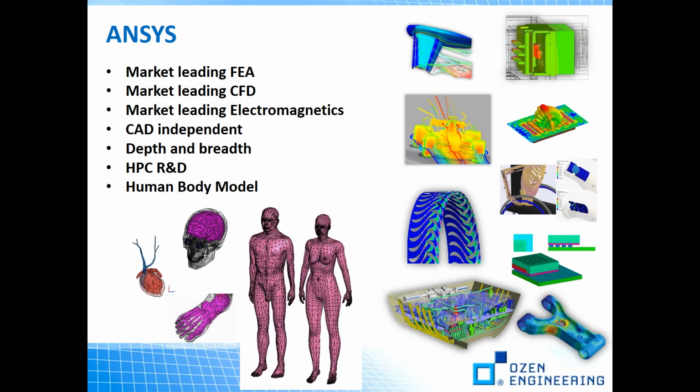Also, ANSYS offers some human body models with detailed body parts, over 300 body parts like muscles and organs, which are frequency dependent, and they are very useful for biomedical applications or health applications for looking at the electromagnetic distribution and power absorption by the human body.